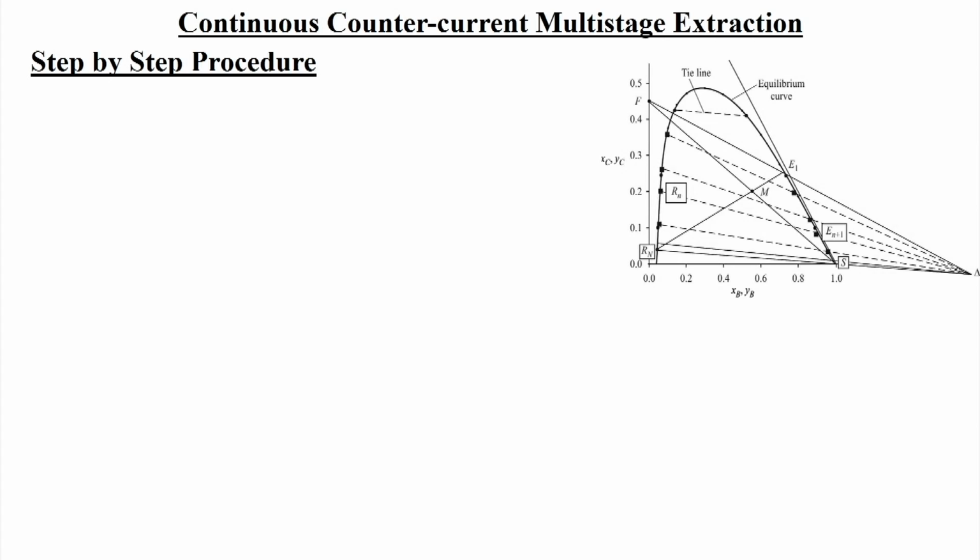So, we will start the step by step calculation procedure for this multi-stage counter current extraction unit. This is very simple and easy to understand. Now, we need to draw what I told earlier.